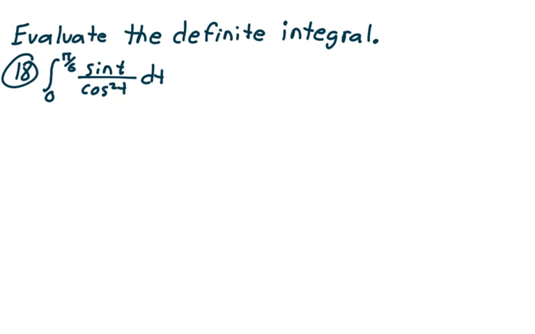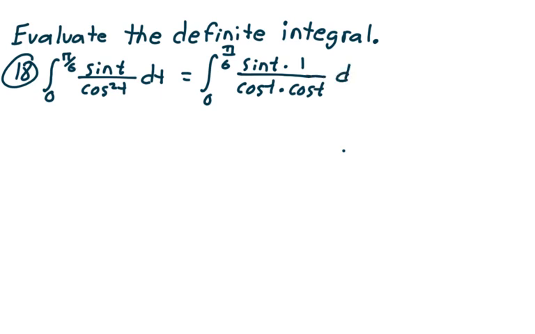So we're going to do lots of integrals that involve trigonometry in this chapter, okay? And so this is the integral from 0 to pi over 6 of sine t times 1 divided by cosine t times cosine t dt.